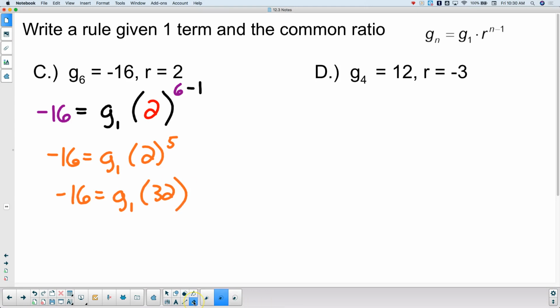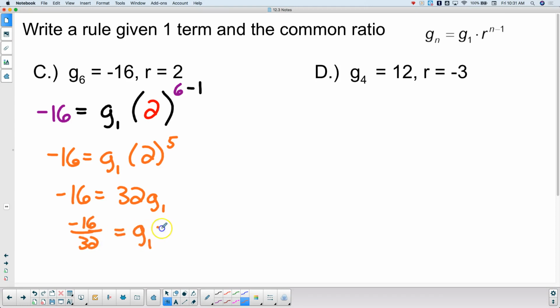Actually, let's rewrite this. I like that better. Divide both sides by 32. But do I like negative 16 over 32?